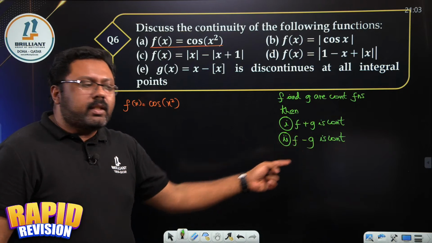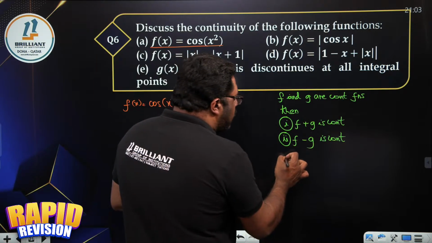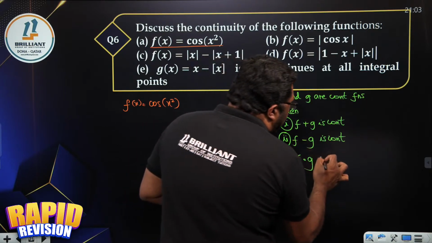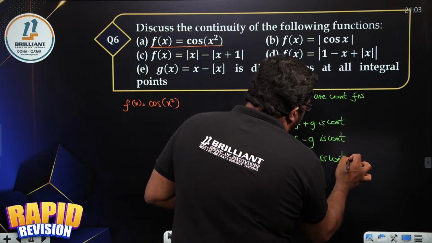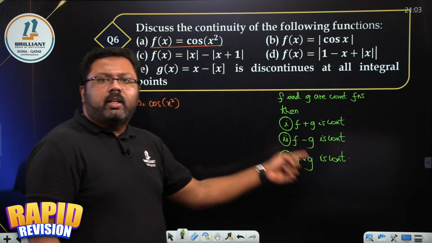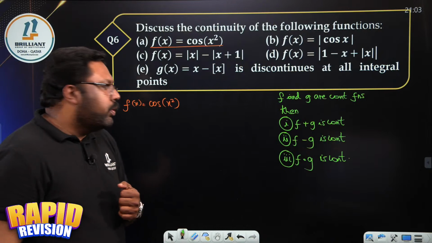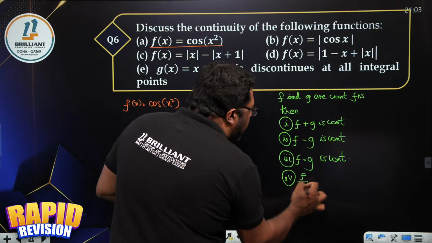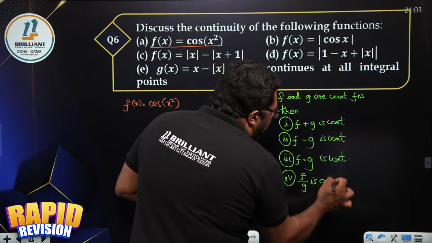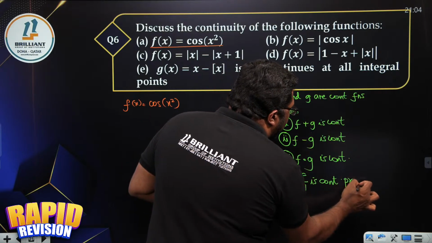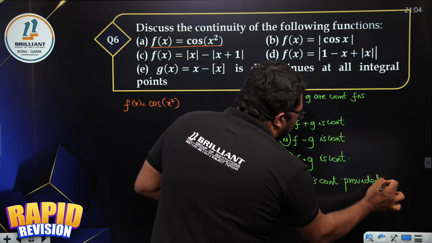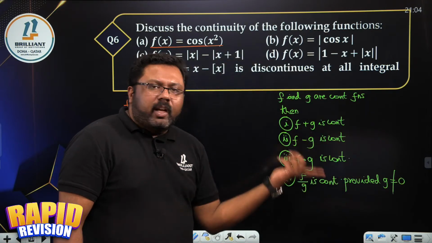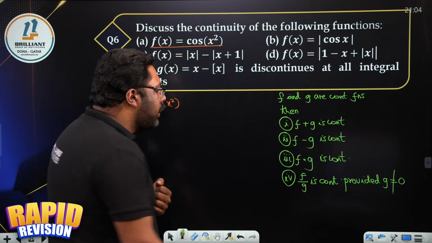Third one, F multiplied with G is also continuous. The fourth one, F divided by G is continuous, but there is one condition along with it, provided G is not 0. The denominator cannot become 0, so provided G is not 0.